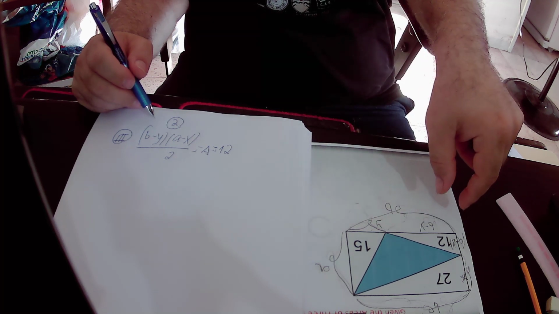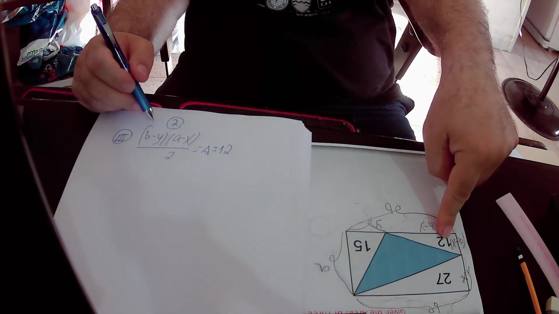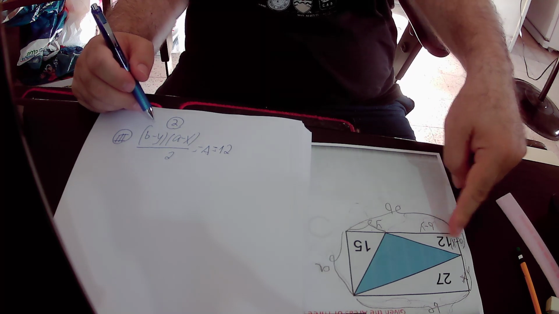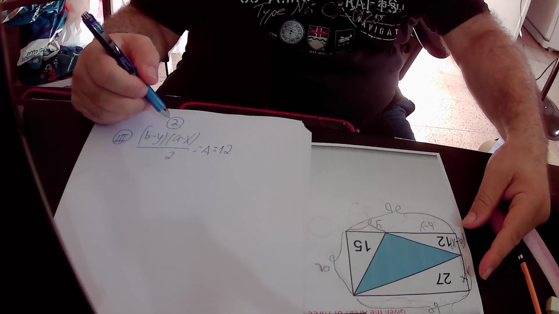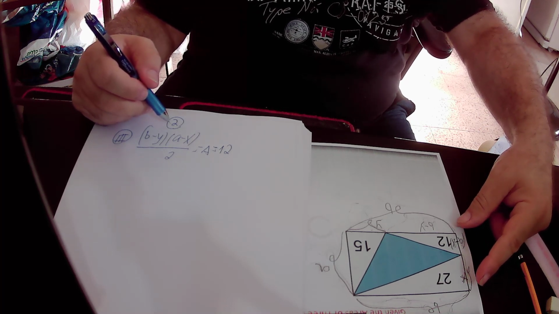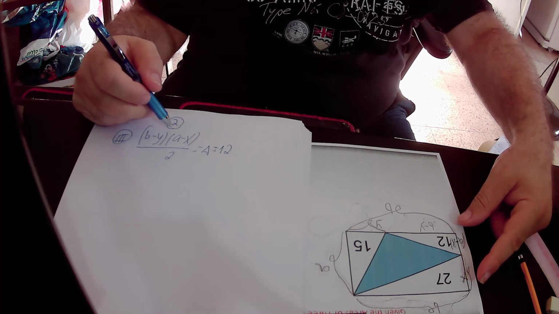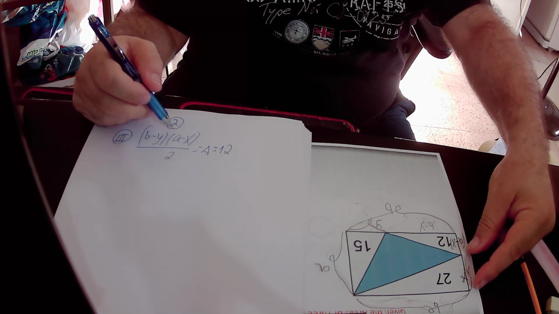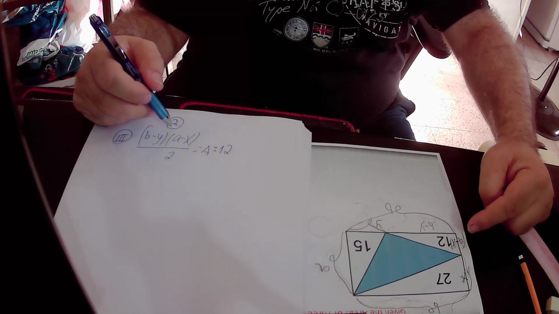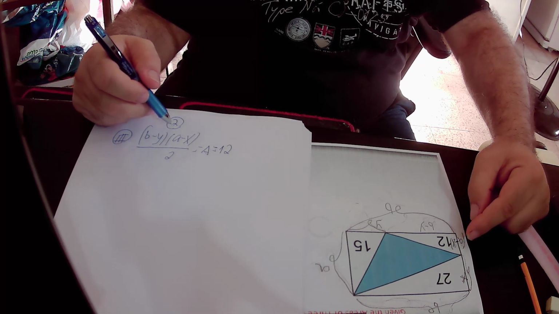So b minus y is the base of this triangle, times the height of this triangle. The height is the width of this rectangle, that is a, minus the height of this triangle, that is x. So a minus x is the height of this triangle.